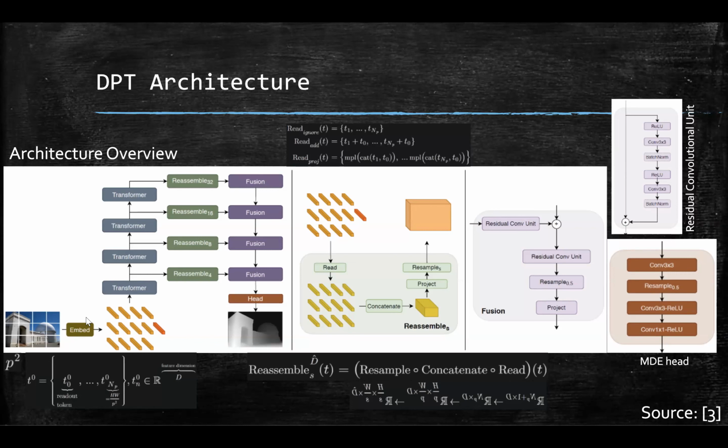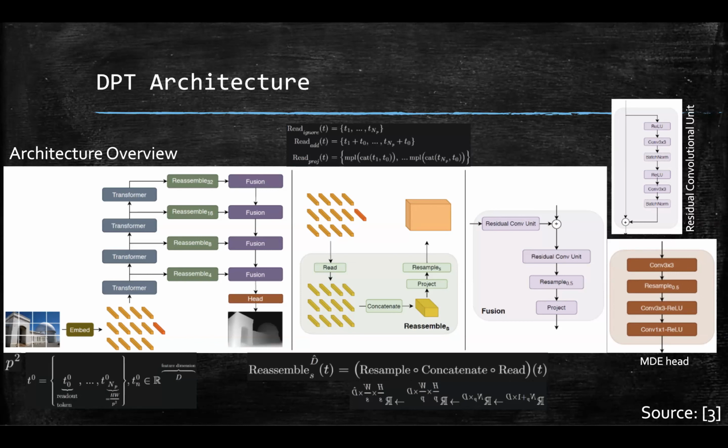Since transformers are set-to-set functions, they do not intrinsically retain the information of the spatial position of individual tokens. The image embeddings are thus concatenated with a learnable position embedding to add this information to the representation.